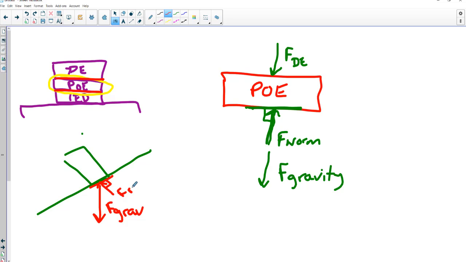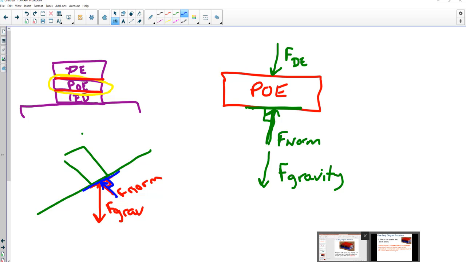So the force normal would be perpendicular to that box. It's being supported. In that example, the box is being supported by the ramp, so the normal force is perpendicular to that surface. Okay, good.